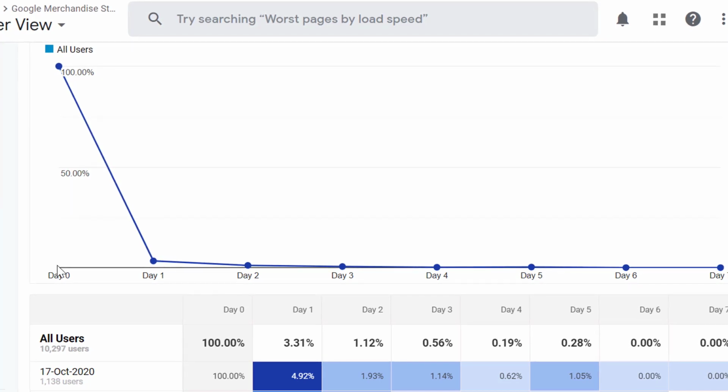Out of 100%, on day 1 only 3.31% of the users were retained.